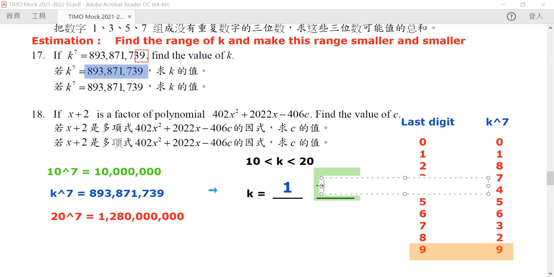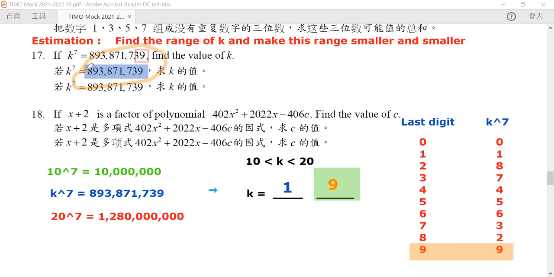Now, this is assuming that this number is actually a 7th power of an integer. If it is not, then of course it cannot be.